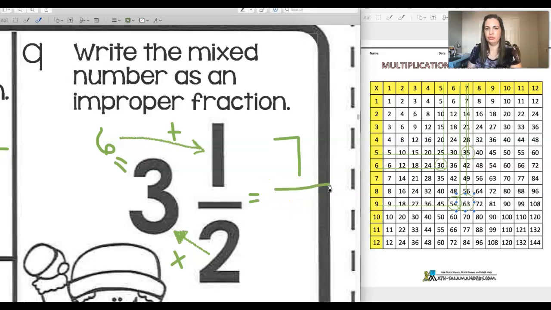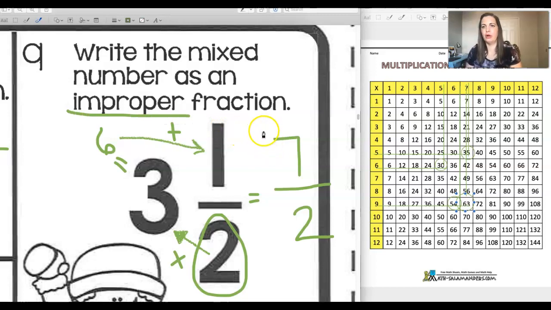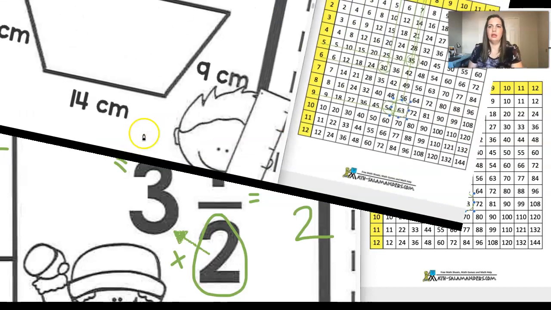That gets you your numerator. Your denominator will stay whatever the denominator was in your original fraction. So 3½ equals 7/2 as an improper fraction. Remember, improper means that the top is bigger or heavier than the bottom.